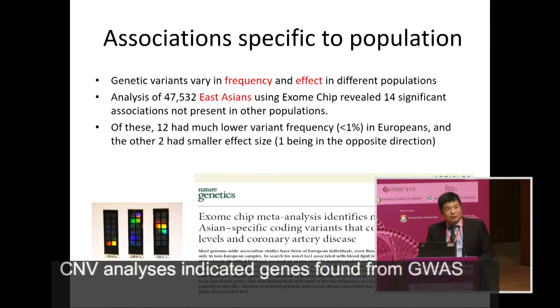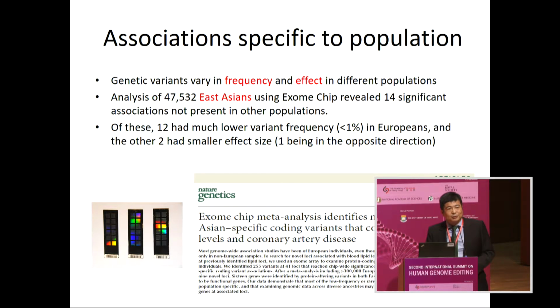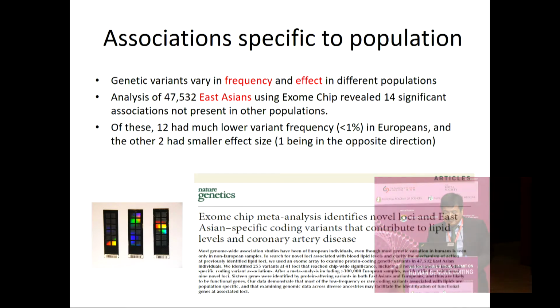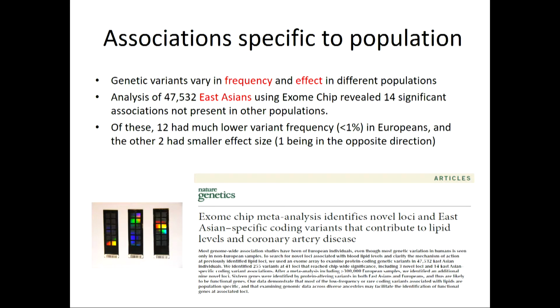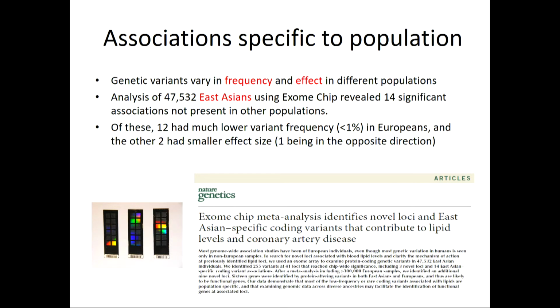And in our studies, we also found associations that are specific to a population. Our study on blood lipids in Asian populations, 47,000 East Asians, including subjects from Hong Kong, revealed 14 variants that were not found in other populations, either because these variants are rare in other populations or they have a smaller effect in these other populations.